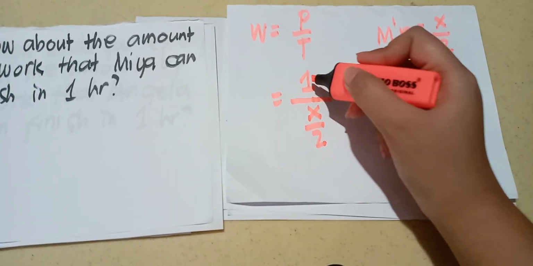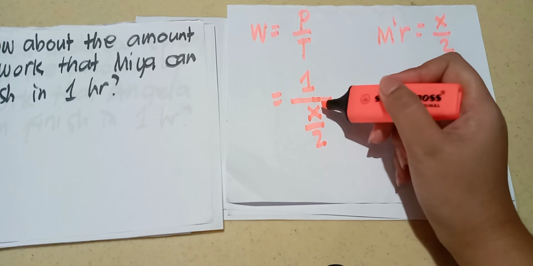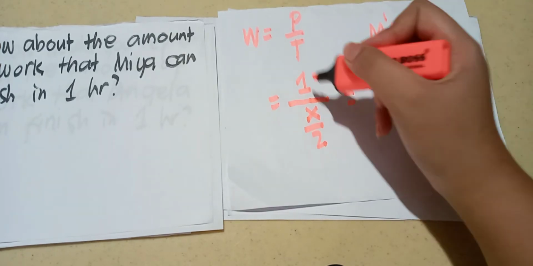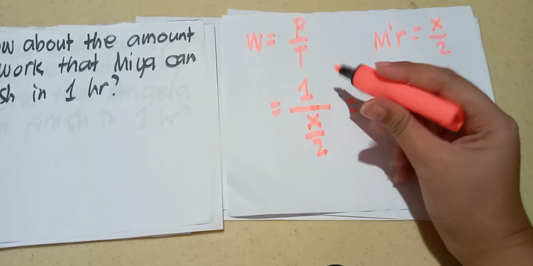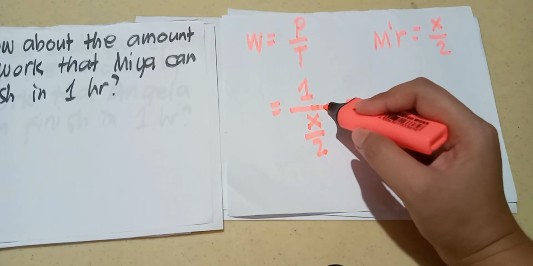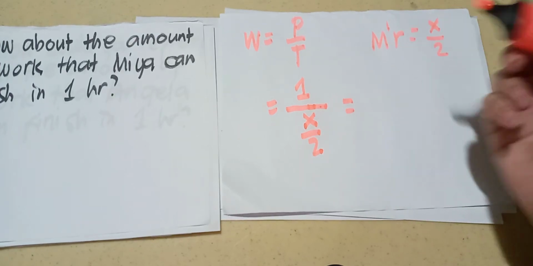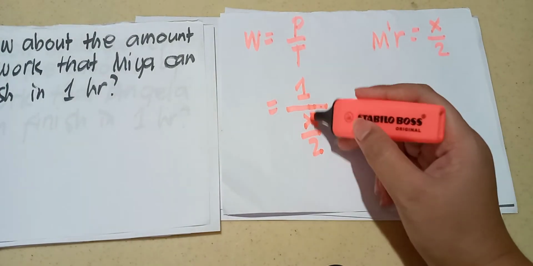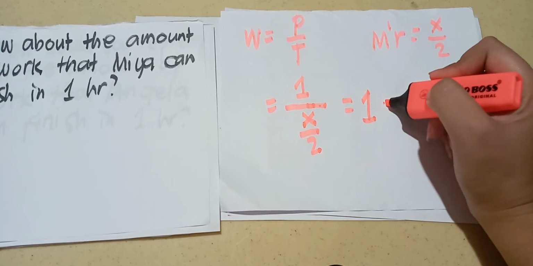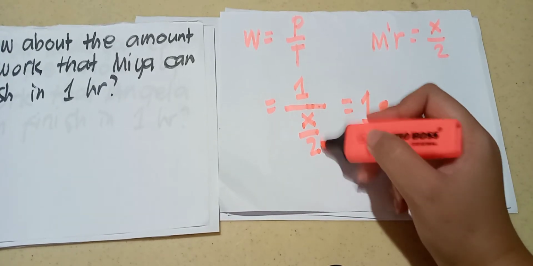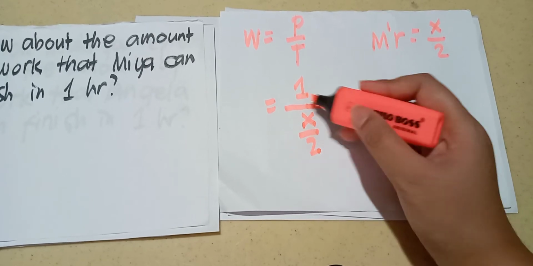As you can see, it's a fraction over a fraction. If we divide here, we will make the division into multiplication, since fraction ang nasa baba. So we have 1 times, and the fraction in the denominator, we will invert.